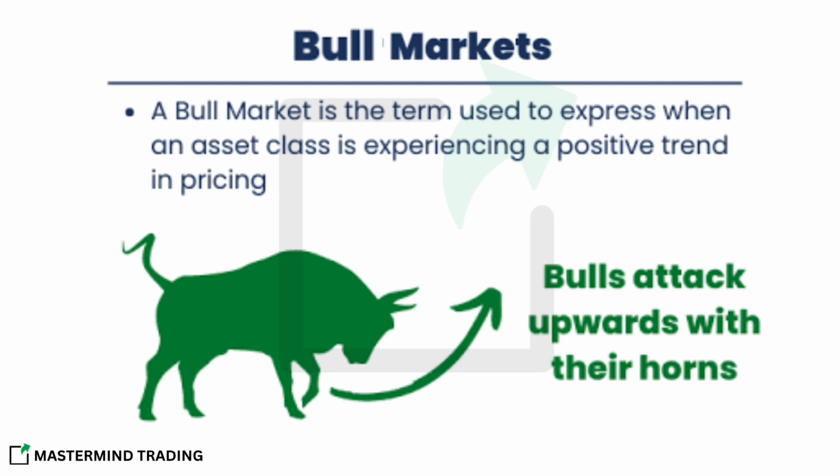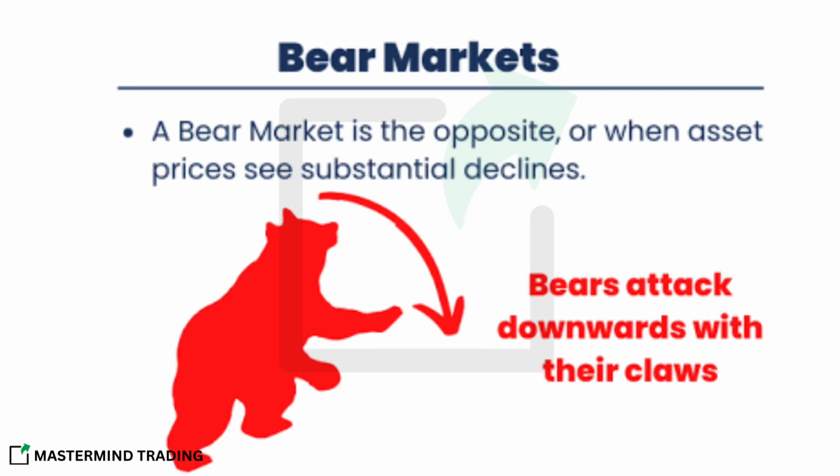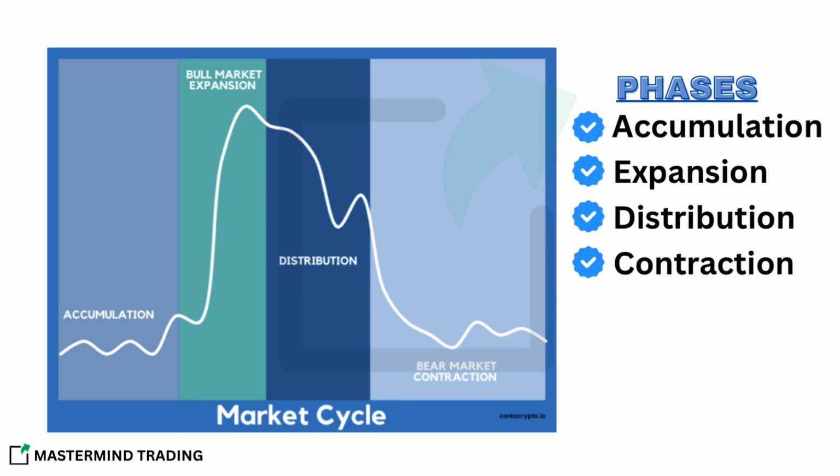This season is represented by a bull, which basically strikes with its horns thrusting forward, raising something up, while the bear market on the other hand is a period in the market where the prices of financial assets literally just go down over an extended period of time. These are the two basic market seasons that we have.